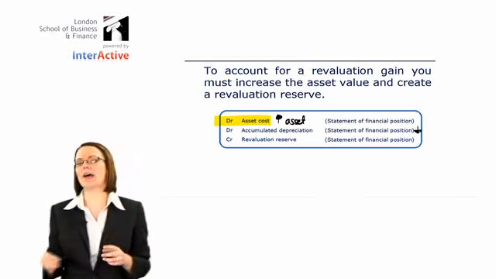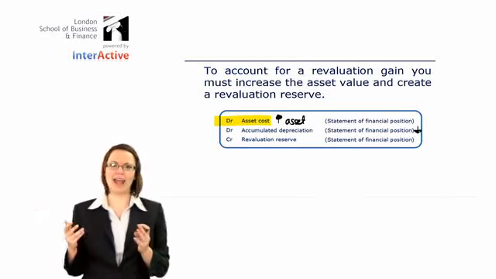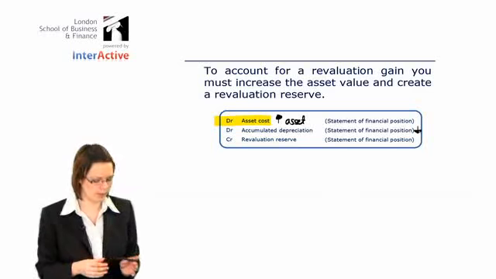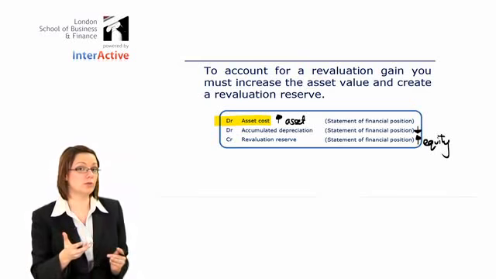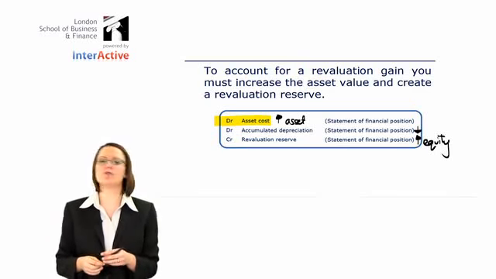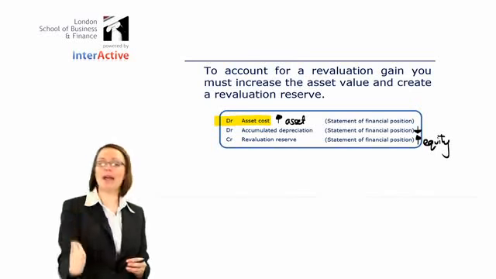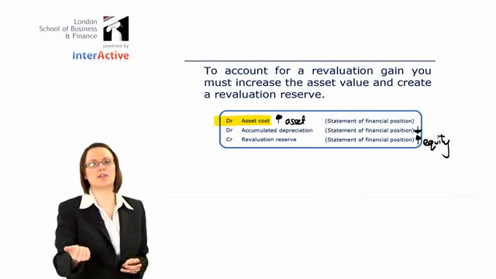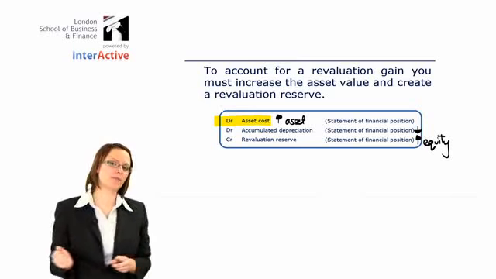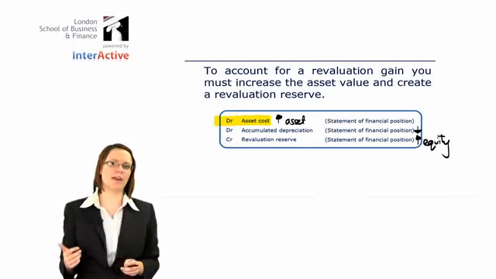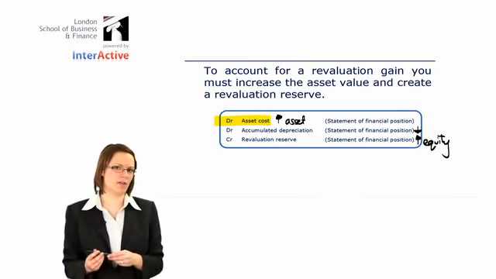Now this is a new account. This is a capital or equity account. Okay, so we're going to increase owner's equity or capital with the revaluation reserve. It benefits the owners of the business. Okay, so you remember we talked about capital plus profit? Well, it'd be capital plus profit plus revaluation reserve.